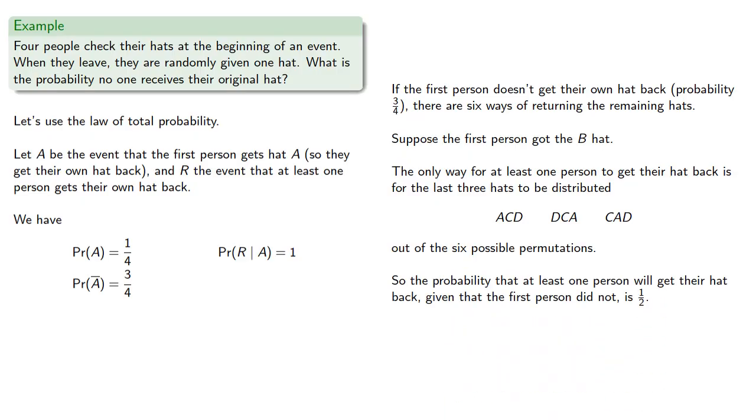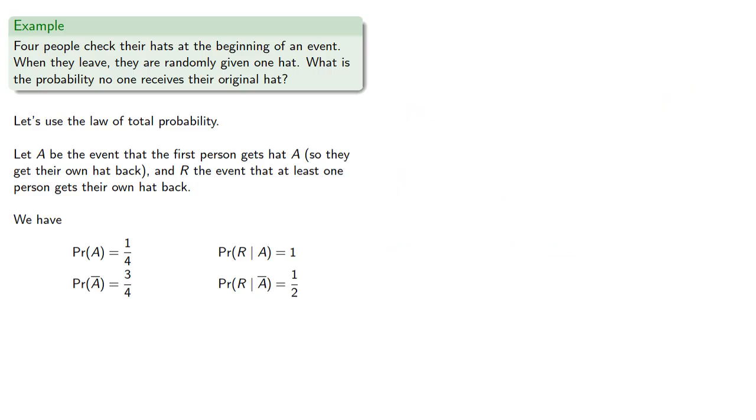So the probability that at least one person will get their hat back, given that the first person did not, is 1/2. And it's important to note that this is the probability regardless of which hat the person actually got. So the probability of R, given the first person did not get their hat back, is going to be 1/2.